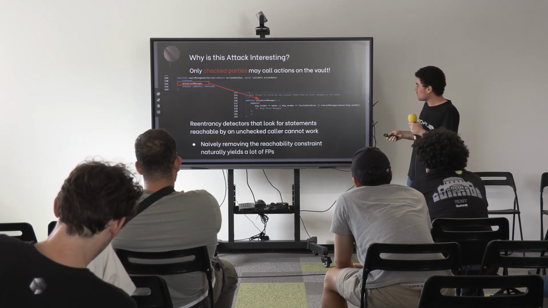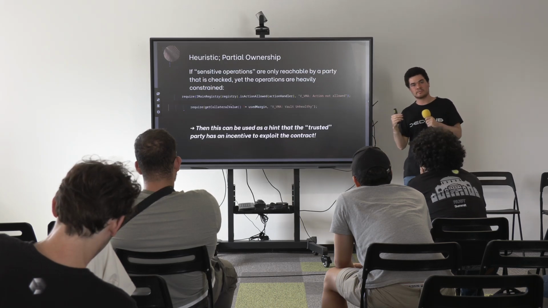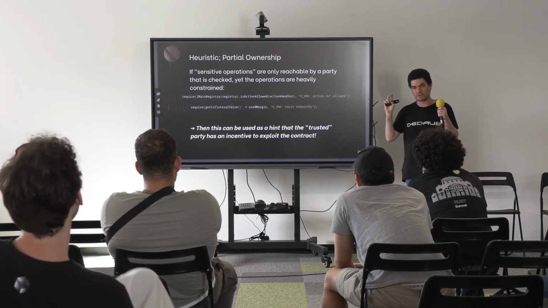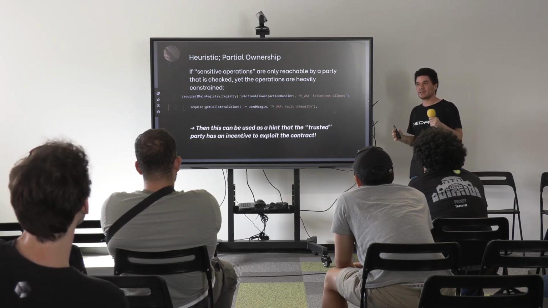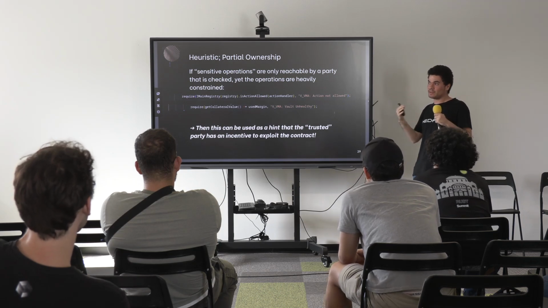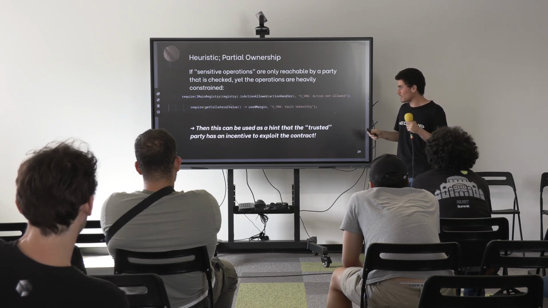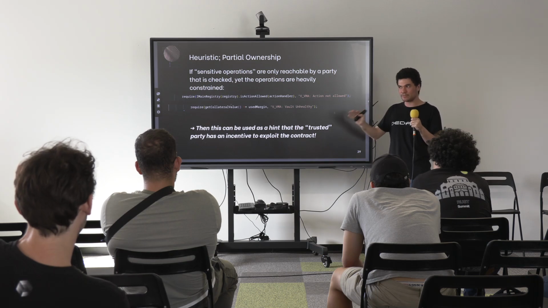And the heuristic we can come up with is the notion of partial ownership. So even though the caller is checked, and in theory he shouldn't be incentivized to exploit it, we can take note that his actions are not completely free.